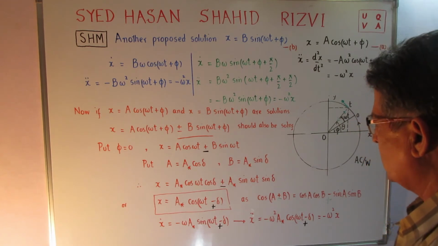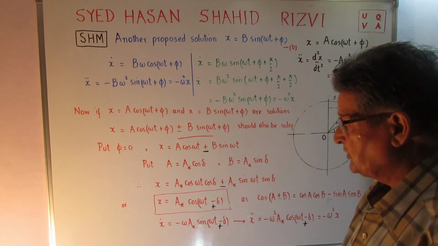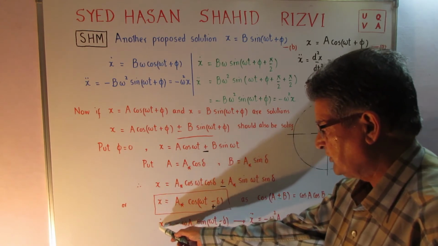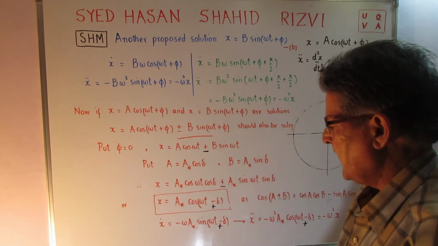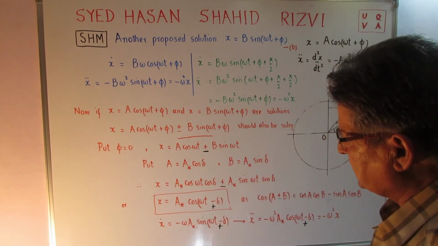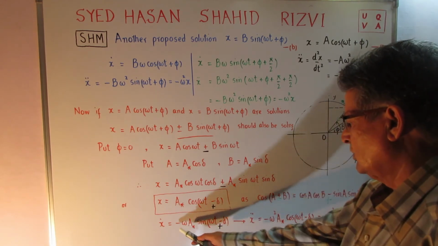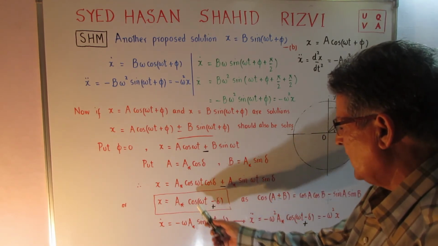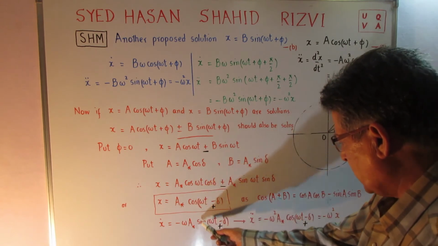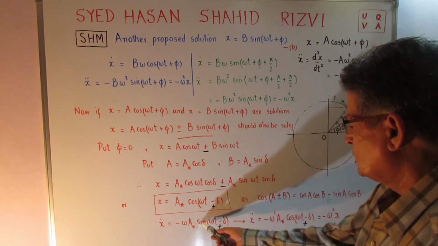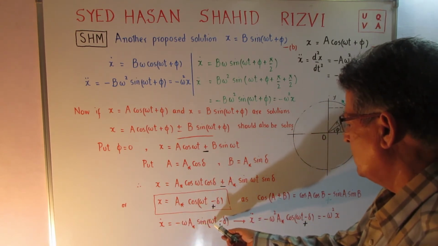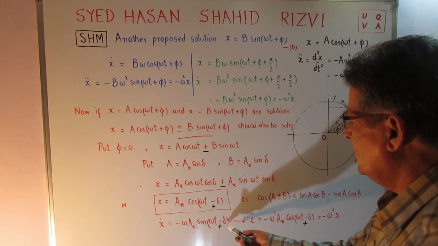Okay. Now let us check. Check by differentiating this with time, and I get x dot, which is dx dt, which is velocity, is equal to minus omega a star. For cosine I get minus sign, so I'll get sine of omega t minus delta over here.